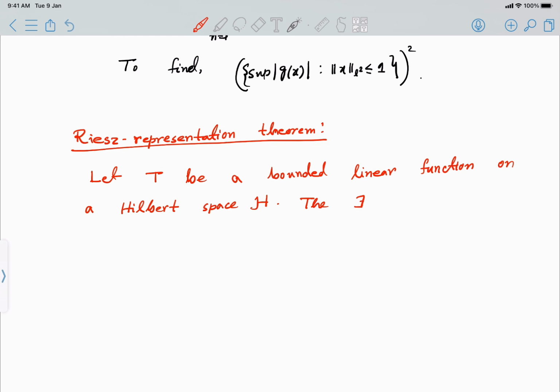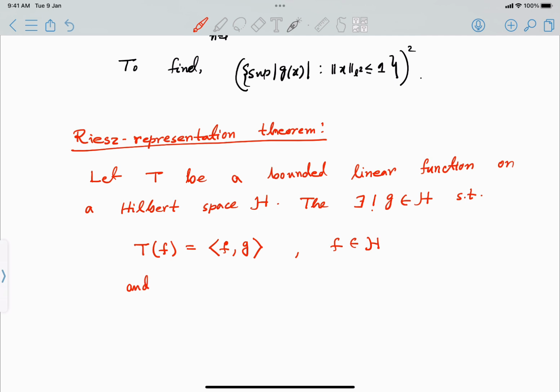Then there exists a unique g in H such that T of f is given by the inner product of f with g for all f in H, and the operator norm of T is the same as the Hilbert space norm of g.